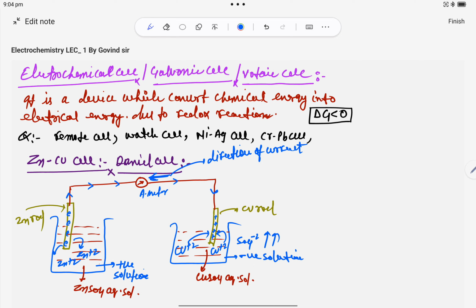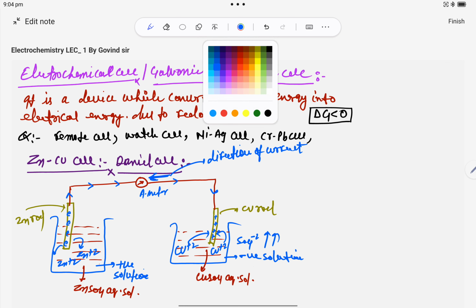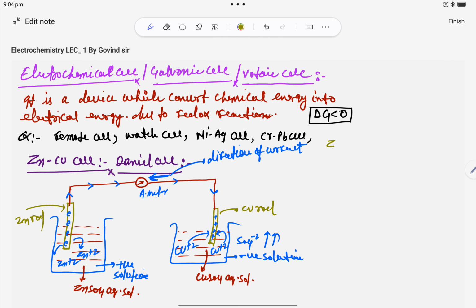So here, children, where oxidation and where reduction happened, you can easily identify. Check how. Zinc solid goes to zinc aqueous plus 2 electrons. That means what happened here? Oxidation. In the case of copper, it accepts 2 electrons and is converted into copper solid. Here, reduction.